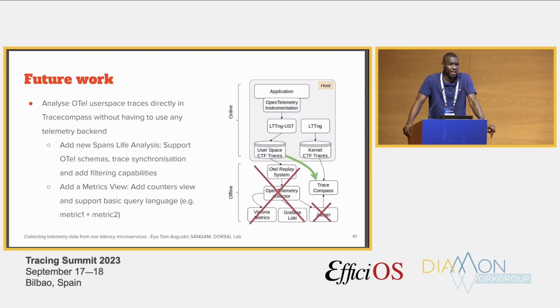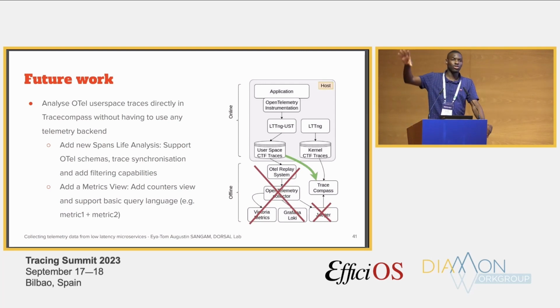What's good about doing that is that when you have both application telemetry data and kernel traces, you can join them in analysis and have some specialized view to view whatever you need. A previous student of our lab, for example, recorded all the spans, so it's application telemetry data.